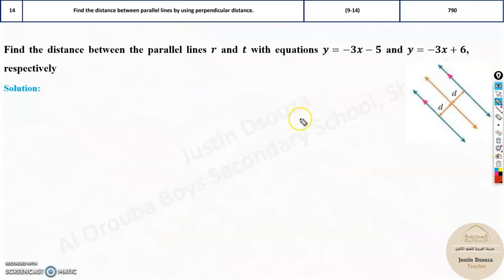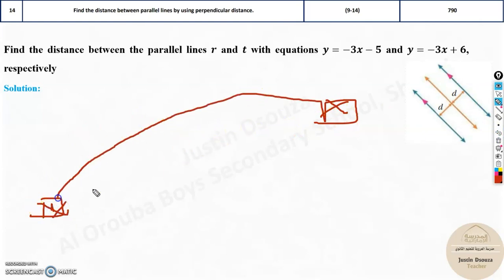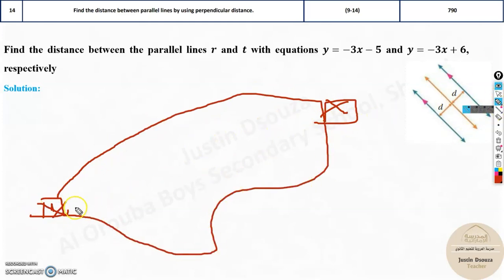Now imagine this is place A and this is place B. The roads to go over here will be something like this, and the shortest one would always be the perpendicular, the straight line towards both of them. So this would be the shortest distance. So we aim for the shortest distance, take a perpendicular line between them.